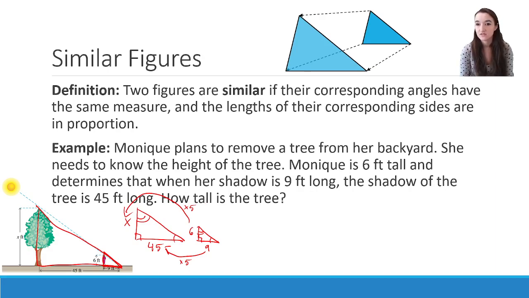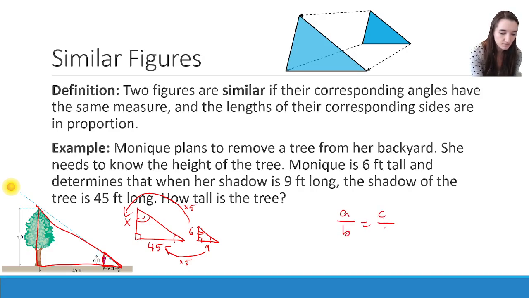Another way we can set this up is to use what is called a proportional equation. A proportional equation sets two fractions equal to each other, basically like this. But we want to remember that we need to think about how things are related to each other. So we have options. Either we can say, here's Monique related to Monique, and tree related to tree.